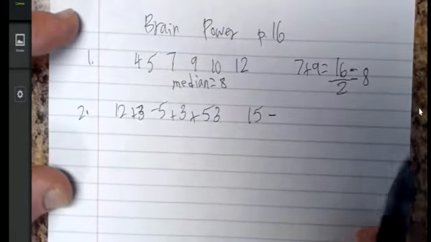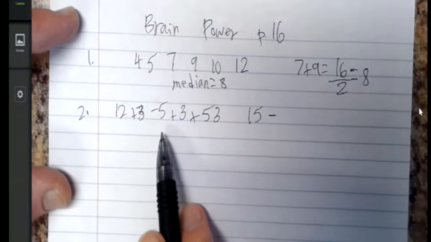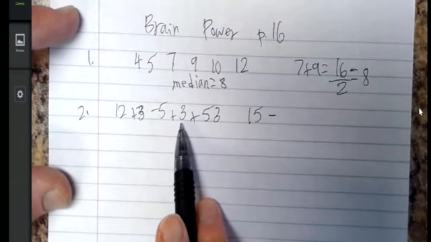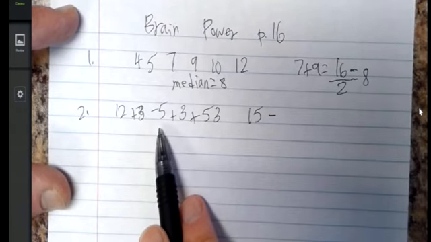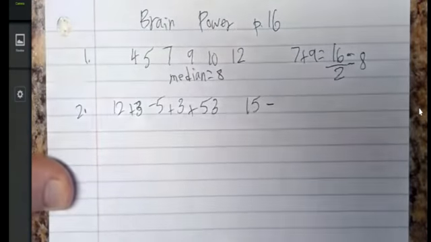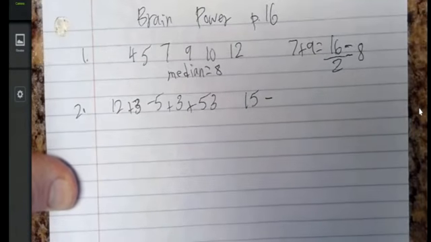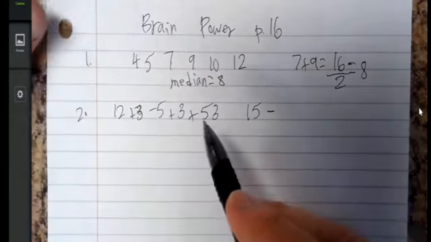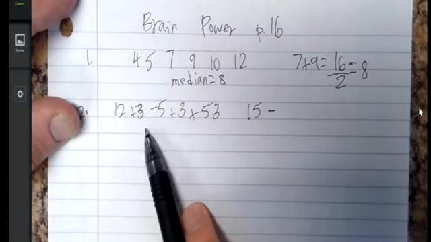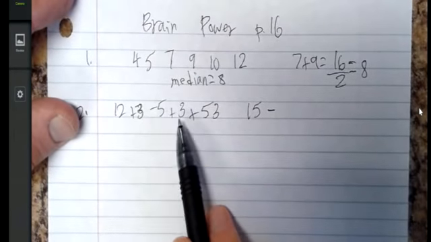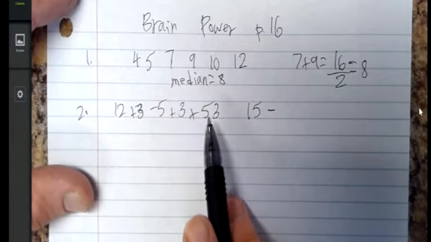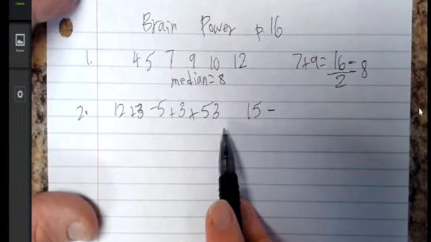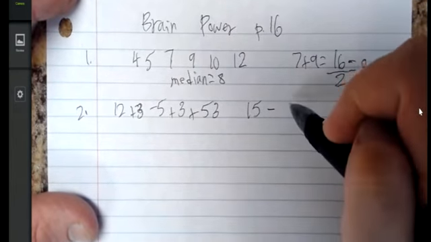Then we add up everything that's on the other side of the minus sign. Right? Negative 5 add 3 is negative 2. Negative 2 add 53 is 51.